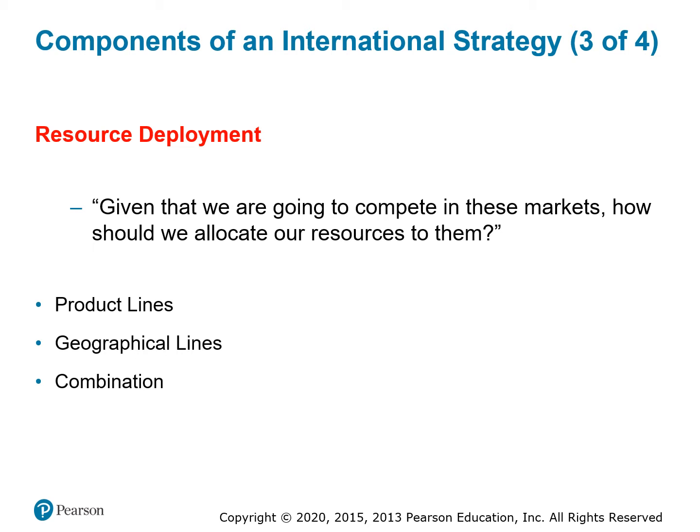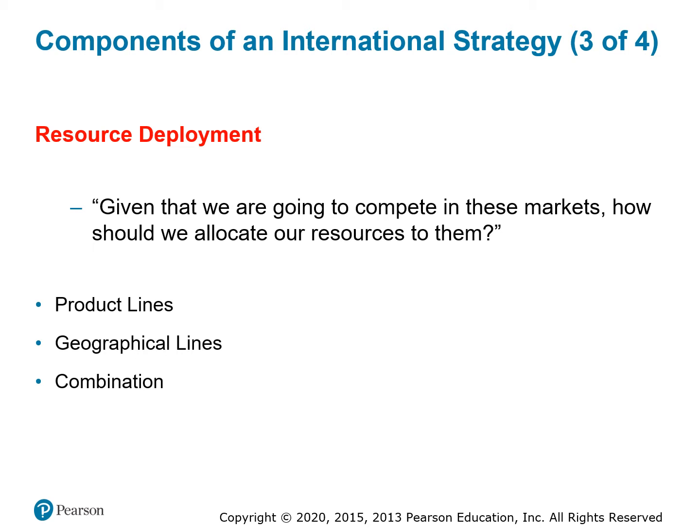Resource deployment is another strategic approach. The resource deployment gives firms the opportunity to address the question of how should the firm allocate its resources. This strategy determines relative priorities for a firm's limited resources.